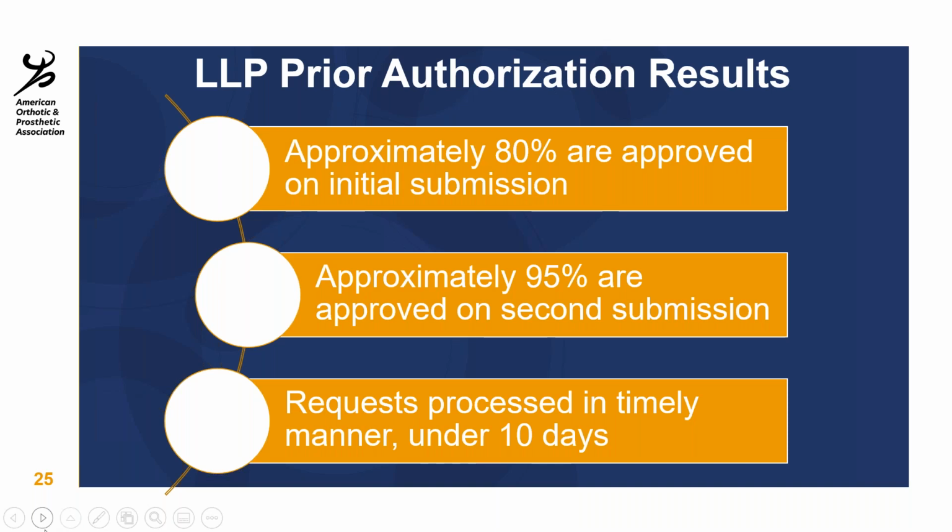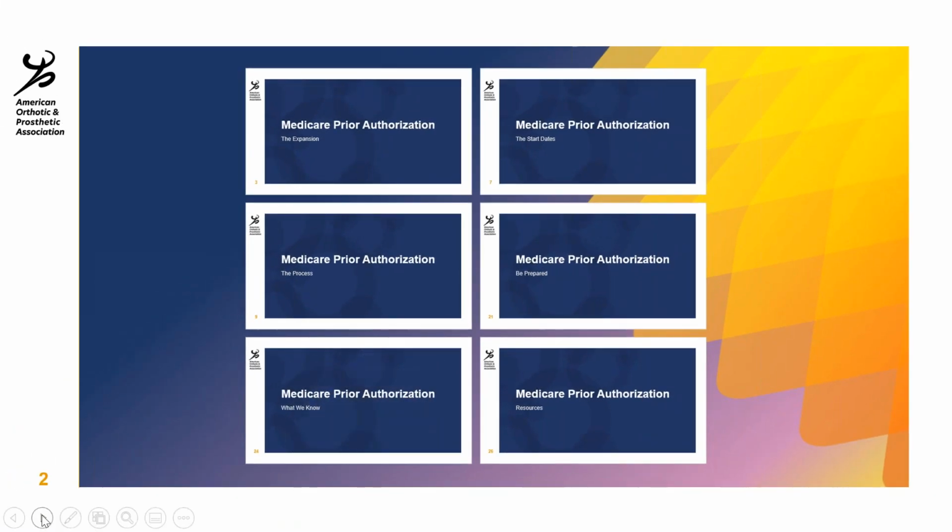So they are cutting the processing time by more than half of what they are, quote unquote, allotted in order to make that decision. So that's all really, really good news. It's been a very successful program. By all accounts, it's been beneficial not only to the Medicare program, who is protecting the trust fund, but to providers who are now not having to lay out huge costs without really any idea of whether they're actually going to recoup that and get paid.